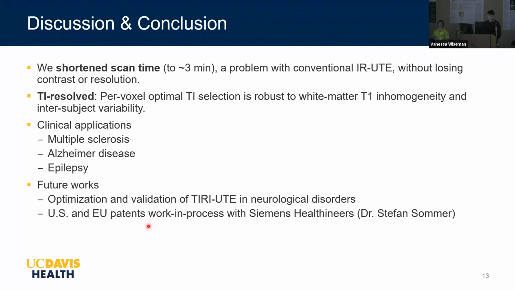Therefore, a TI resolved image for voxel optimal TI selection is robust to white matter T1 inhomogeneity and inter-subject variability. This approach may be useful in multiple sclerosis, Alzheimer's disease, and epilepsy.